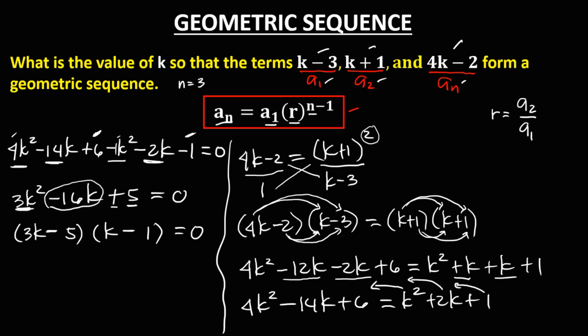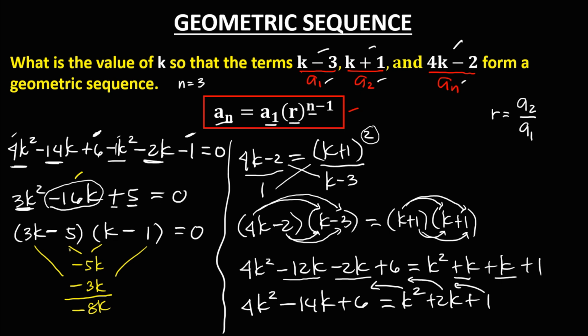Then to check the factors, using the pyramid multiplication, we have negative 5 times k, this one is negative 5k. 3k times negative 1, that's negative 3k. Then if we add, this is negative 8k, but observe that in the quadratic equation, the middle term is negative 16, so therefore this is not the correct factors for this equation.